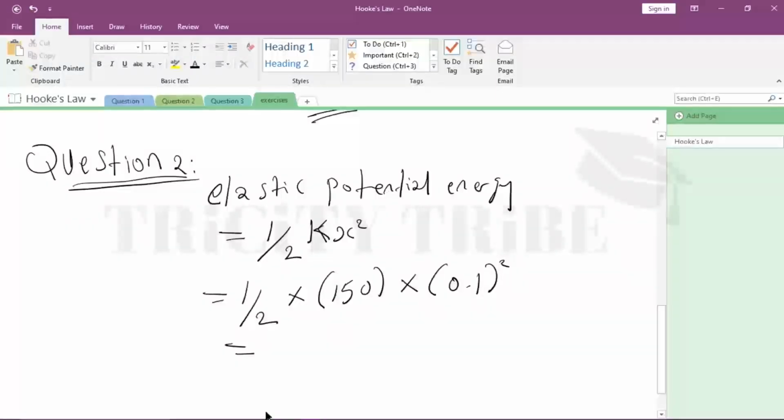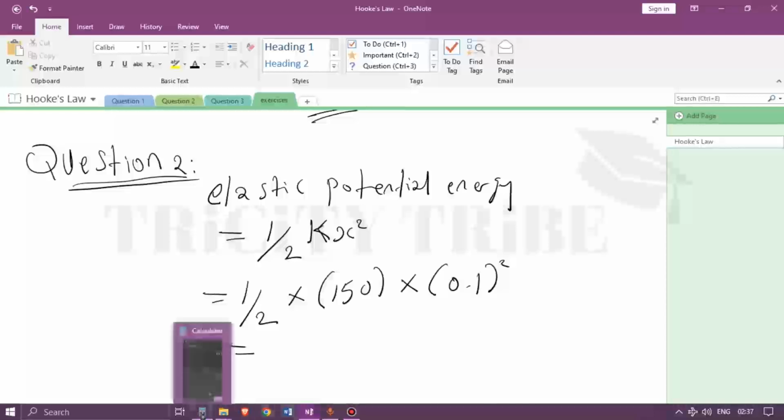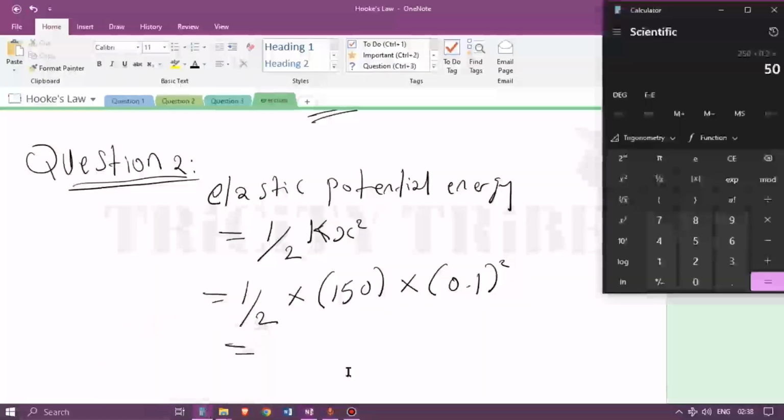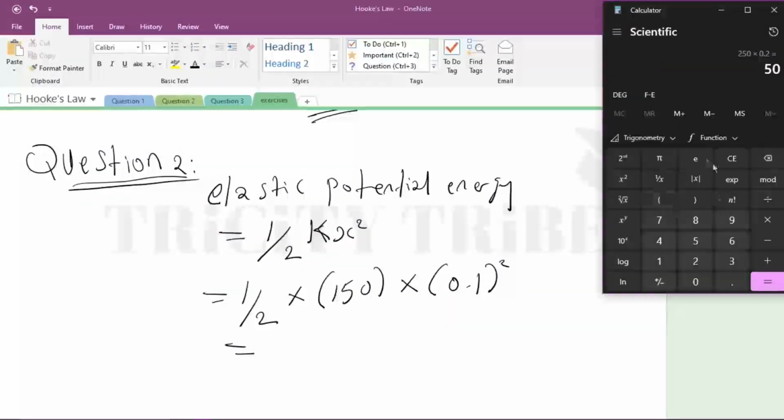Let's check it out. 0.1, closing the bracket, and we're squaring it. We have 0.01.